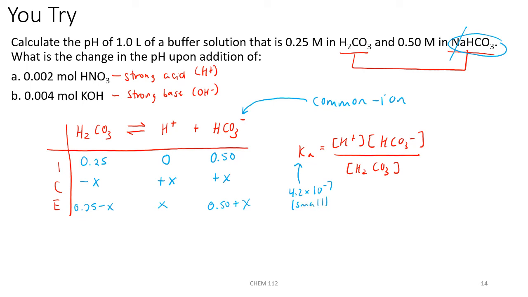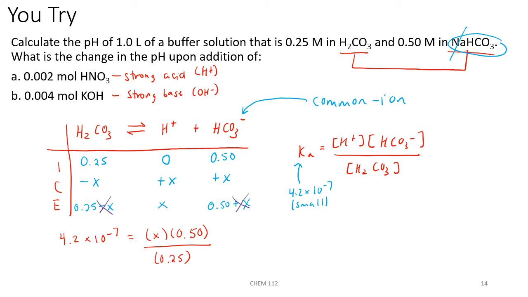We'll be able to make our simplifying assumptions. So when we plug that in, we're going to get 4.2 times 10 to the minus 7th is equal to X times 0.50 all over 0.25, because we're going to get to ignore this plus x and we're going to get to ignore that minus x.